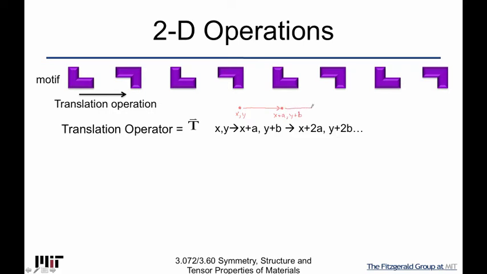And so again, if I make the complete generic case, it has to be periodically consistent, meaning that here I have to have another one, and another one, and another one. And so the next one is going to be x plus 2a, y plus 2b, and so on, right, forever, if it's an infinite crystal. So translation operation is pretty straightforward, and how it transforms coordinates is pretty straightforward.